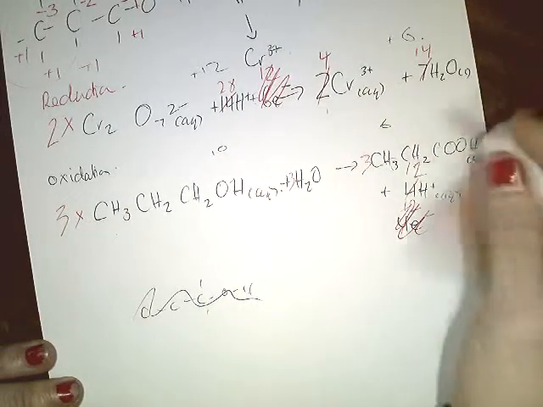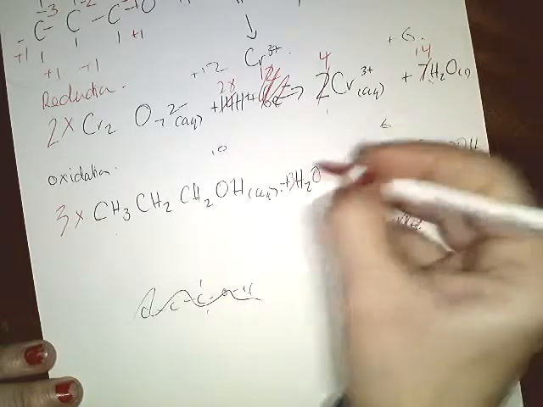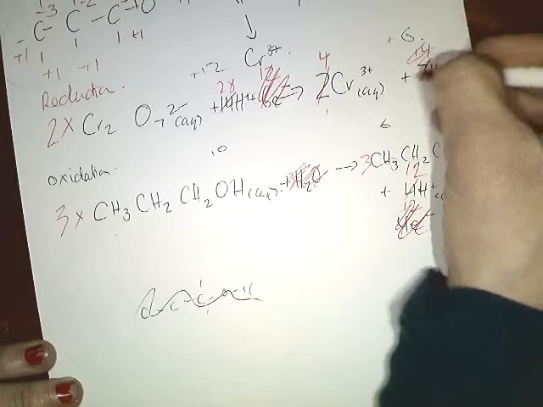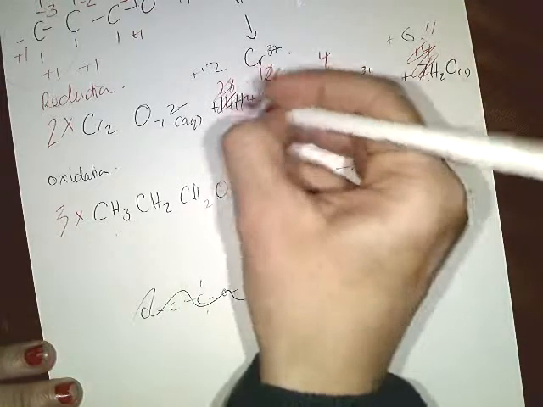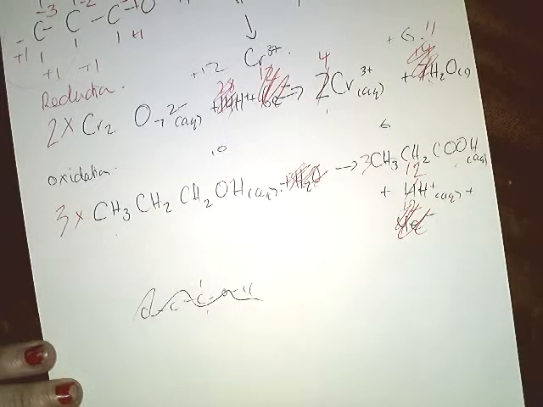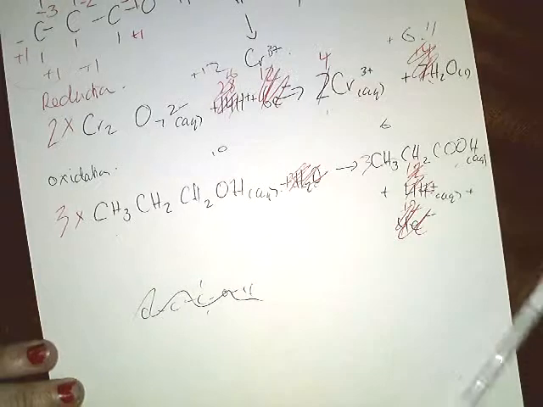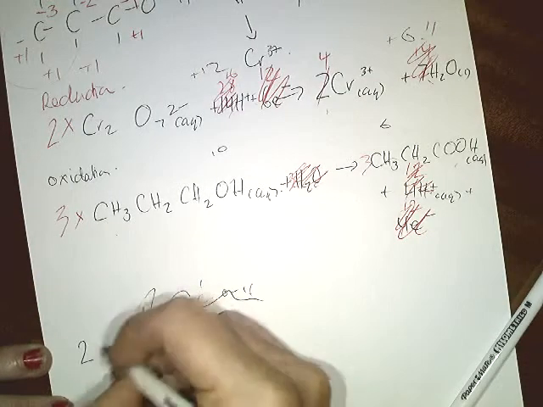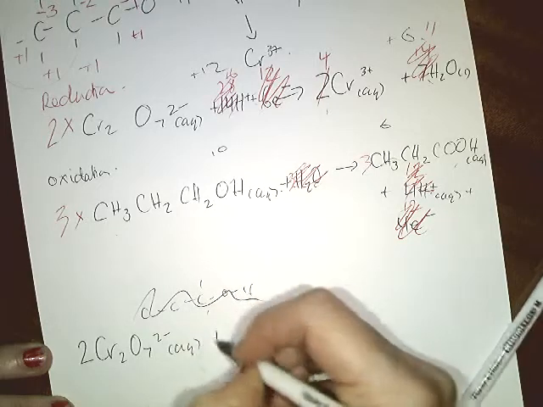Cross the electrons out. Cross the waters out. 11 waters on that side. H plus, there's 28 there, and only 12 there, so 16 on that side.